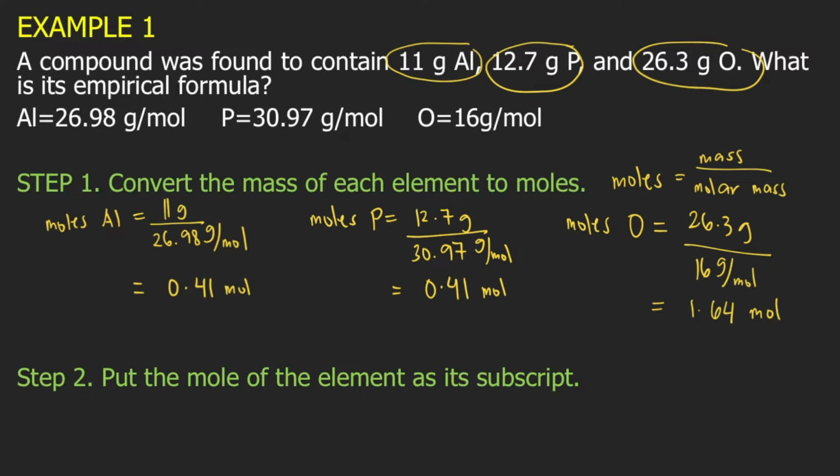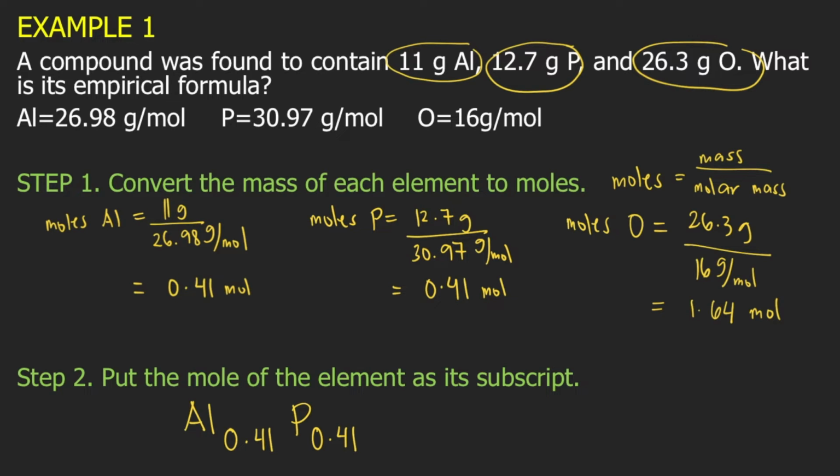Now step 2: you put the moles of each element as its subscript. For aluminum, the moles we have solved is 0.41, so you put that as the subscript. So aluminum, 0.41. For phosphorus, we also got 0.41.